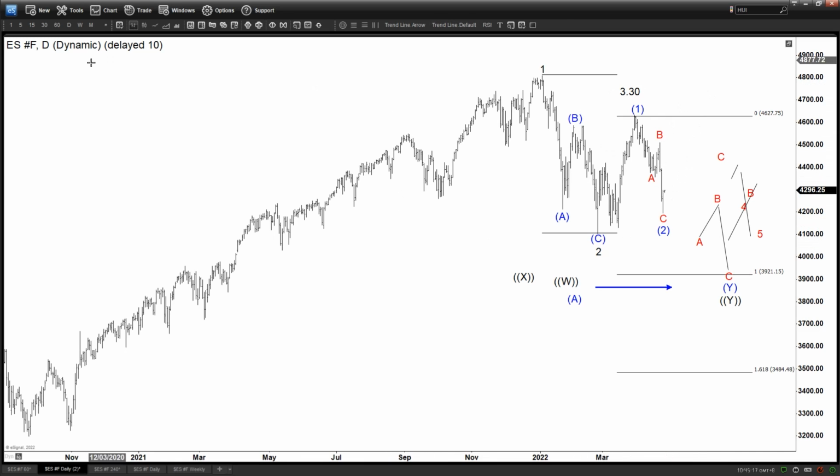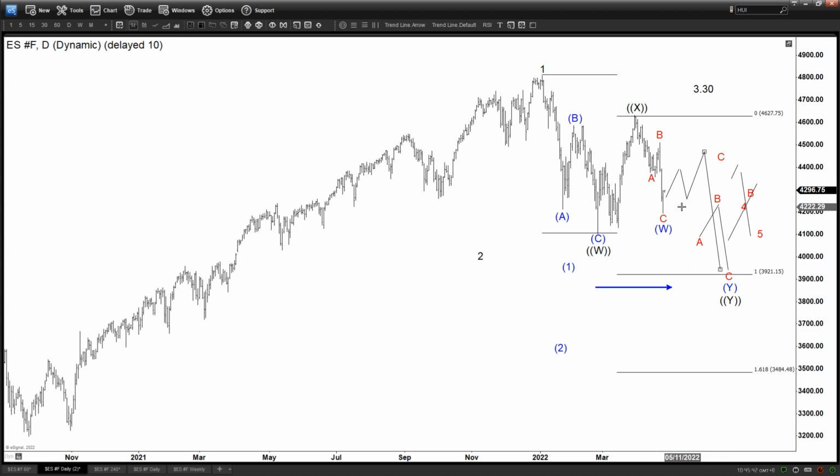We are calling for more downside, and within the possibility of more downside, we offer you 2 possibilities. The main view being we are ending W here and now doing a 3-ish rally in the X, right, before going down.